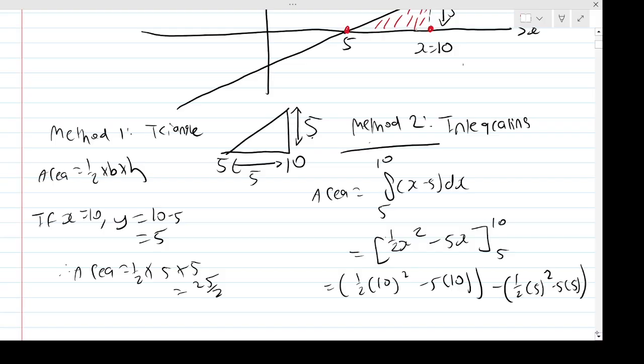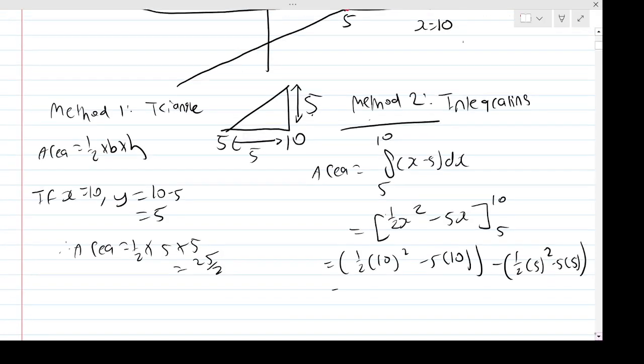If we put all that in the calculator, hopefully we get 25 over 2, and we do indeed get 25 over 2.